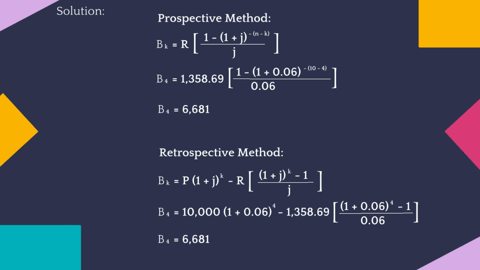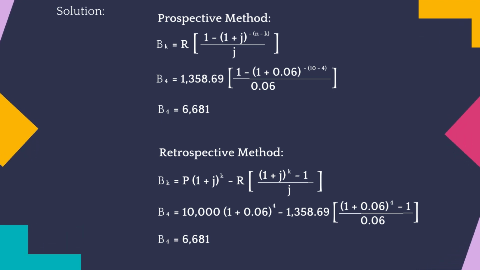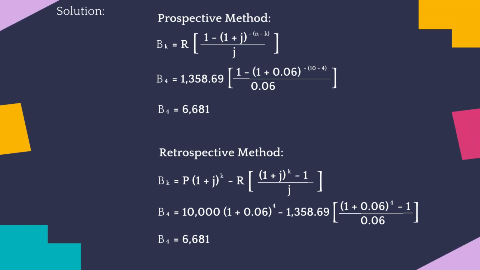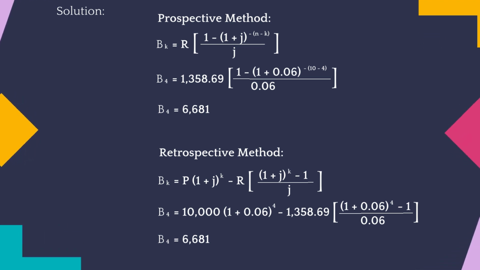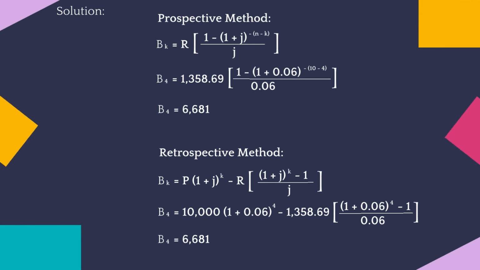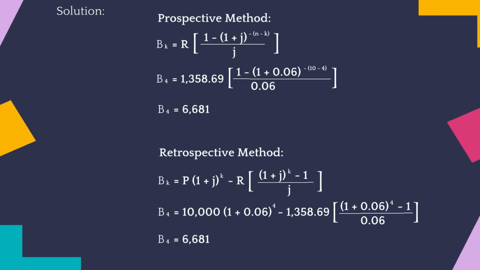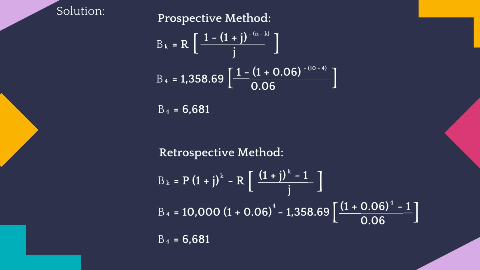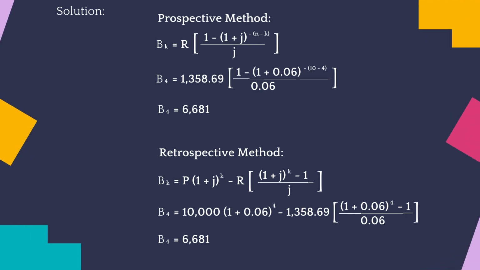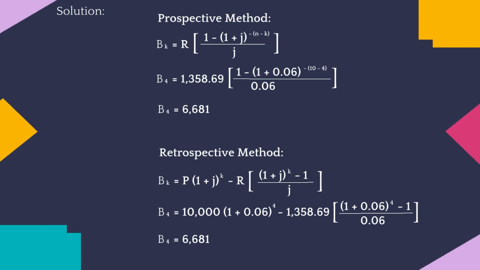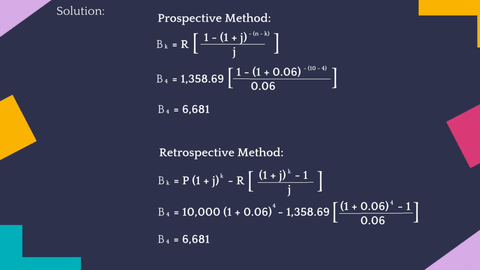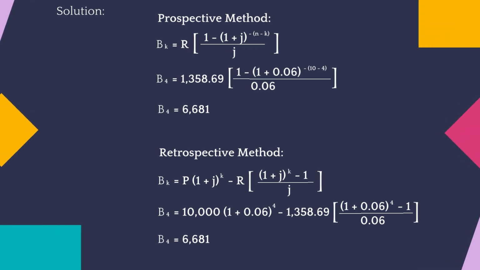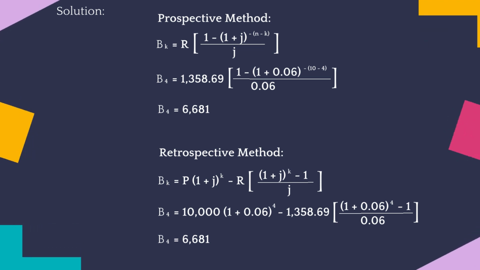B4 equals P, which is $10,000, times 1 plus J, which is 0.06, to the power of K, which is 4, minus R, which is 1,358.69, times 1 plus J, which is 0.06, to the power of K, which is 4, minus 1, over J, which is 0.06.